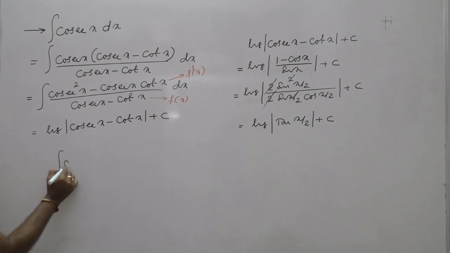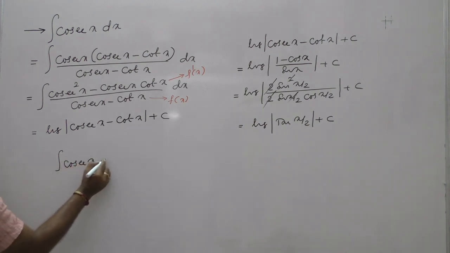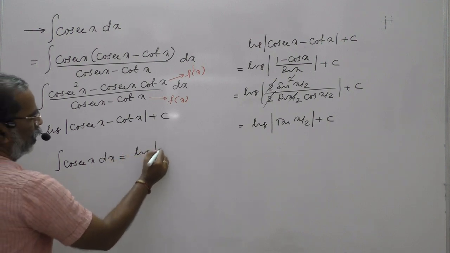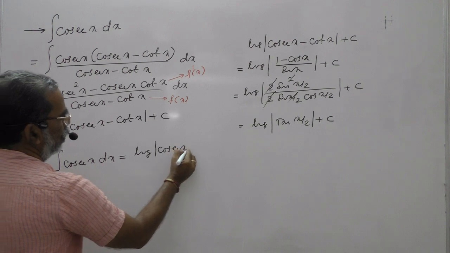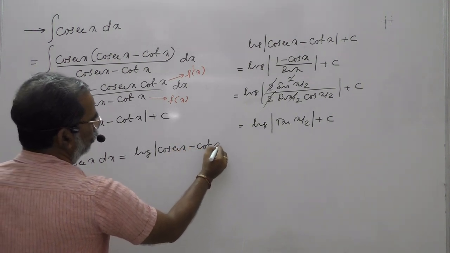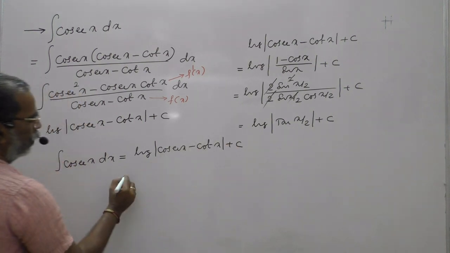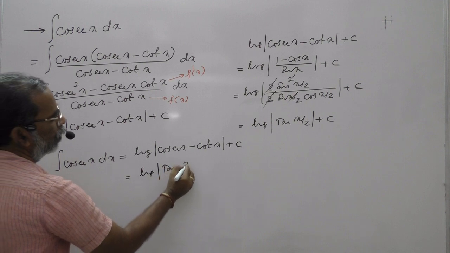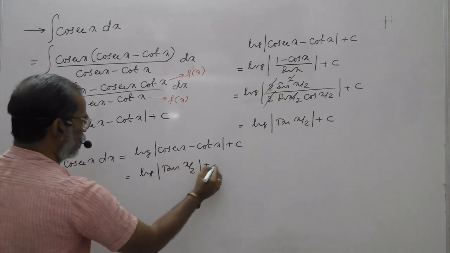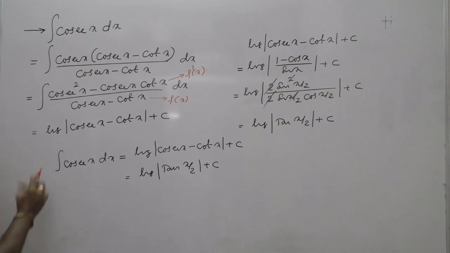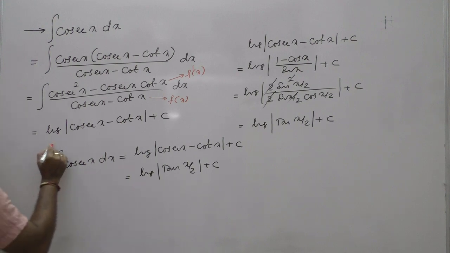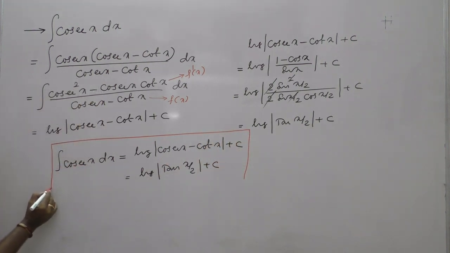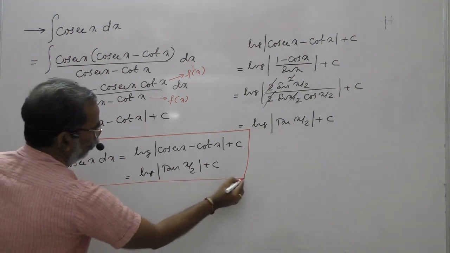Therefore, the integral of cosec x dx is log of cosec x minus cot x, or you can also take log of tan of x by 2 plus c. This is the formula for cosec x.